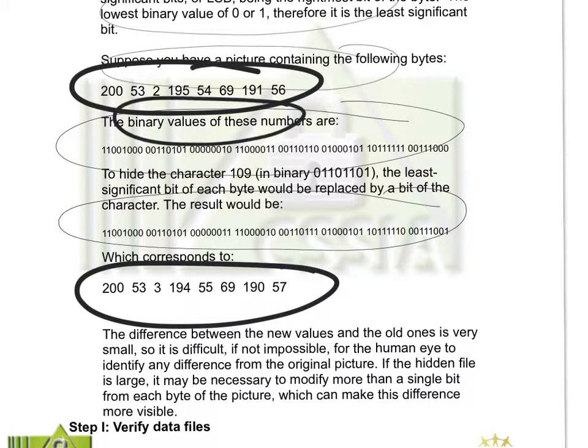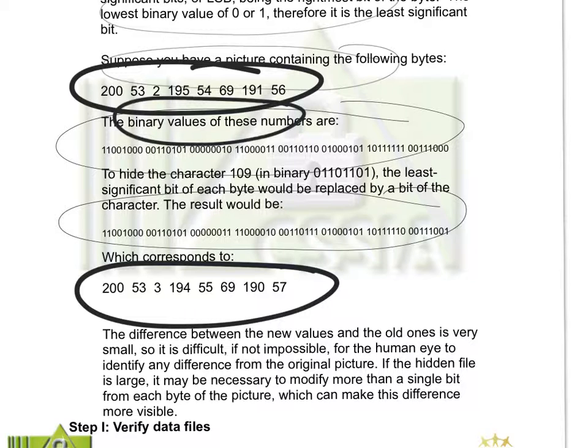If we look at the top two 10-digit numbers, 200 is good, top and bottom. 53 is okay, top and bottom. 2 changes to 3. 195 changes to 194. 54 changes to 55. 69 same. 191 to 190. 56 to 57. Now that's just one byte in the picture.